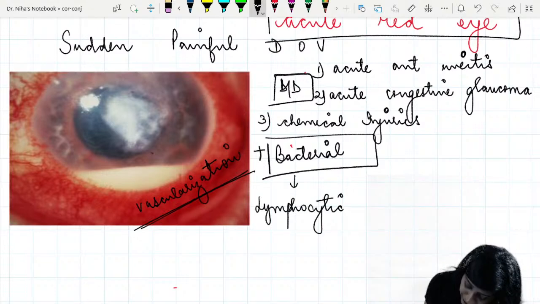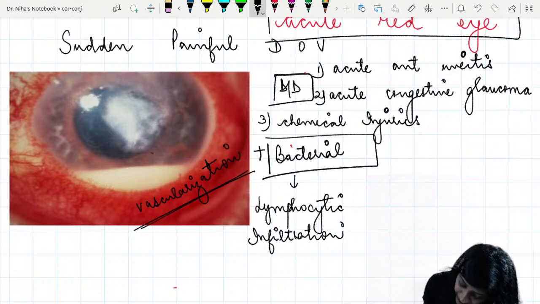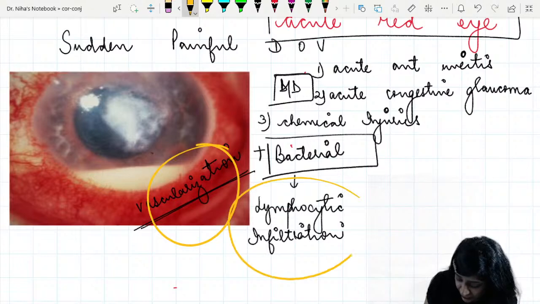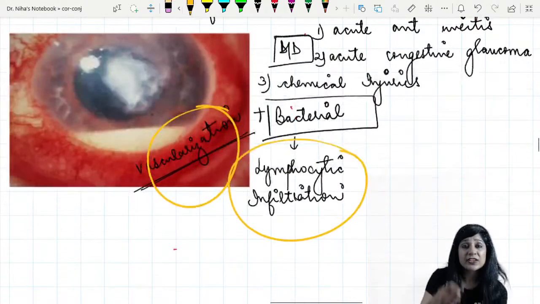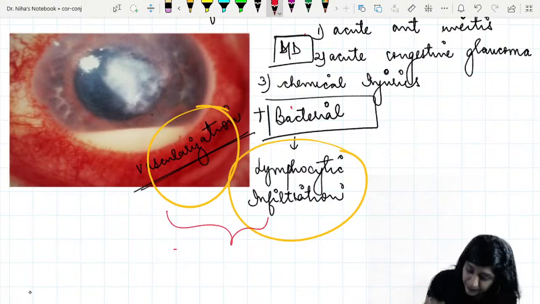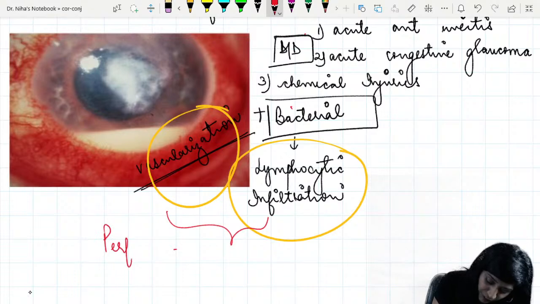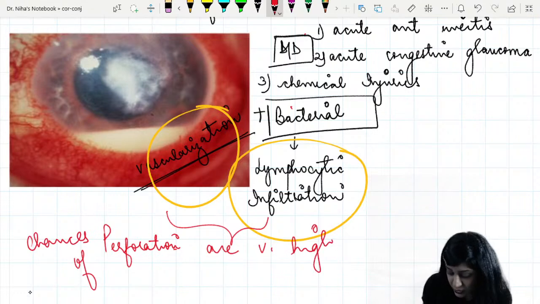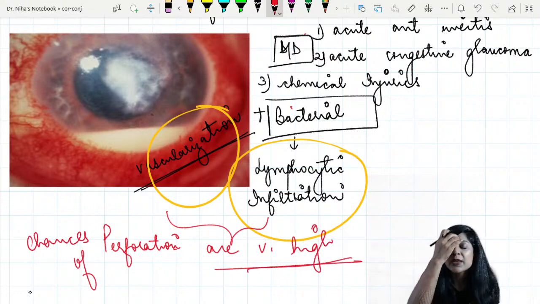Now try to understand, if I have the vascularization and I have lymphocytes also, then obviously it can go deeper and deeper. Yes or no? Now because it can go deeper and deeper, therefore the chances of perforation are very, very high. This is the simple logic behind the bacterial ulcer.